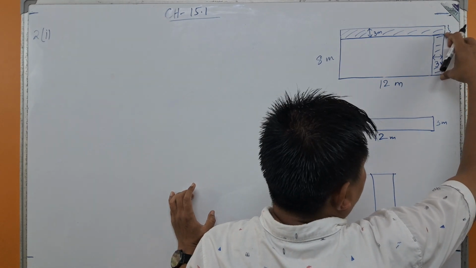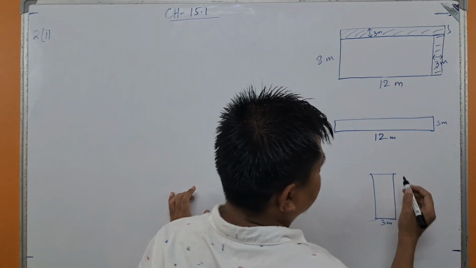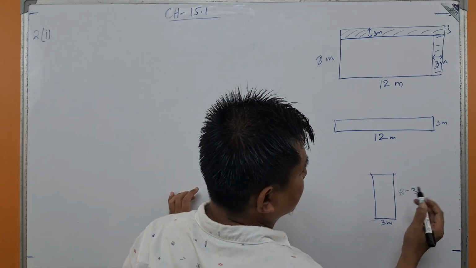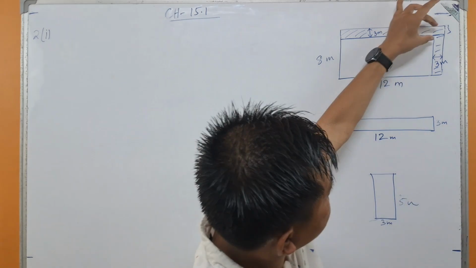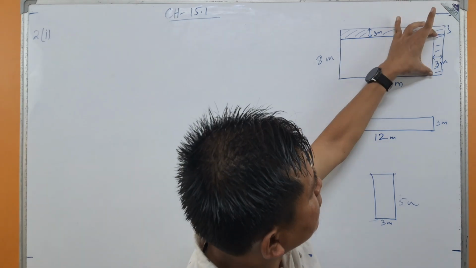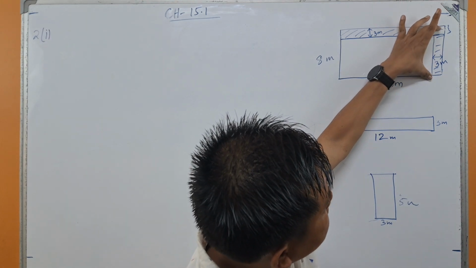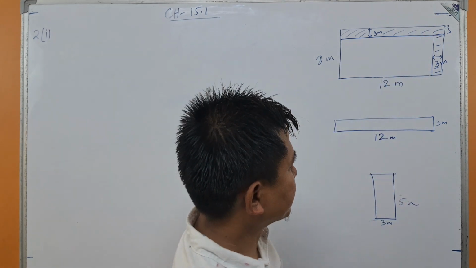So the remaining length is 8 minus 3, that is 5 meter. This portion we must subtract because we have already calculated it.